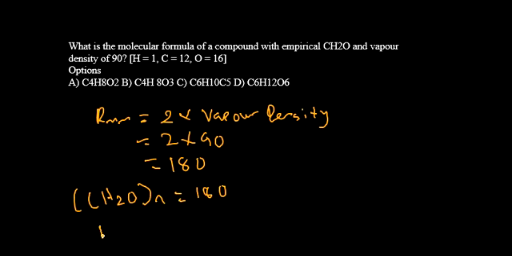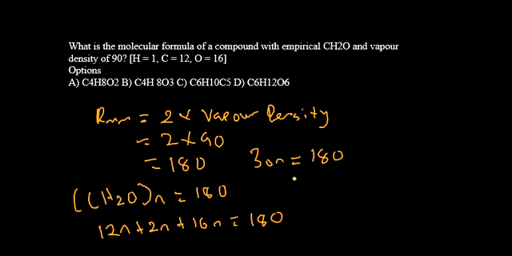Slotting in, that will be 12N plus 2N plus 16N is equal to 180. Now 12 plus 2 plus 16, that is 30N. 30N is equal to 180. N is equal to 6.